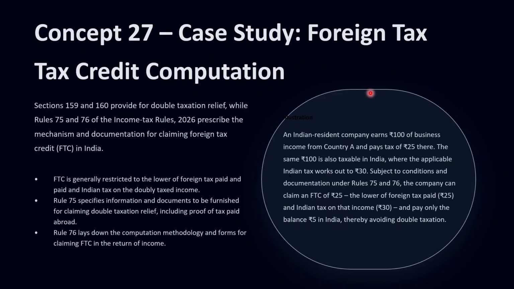Foreign tax credit is where many practical mistakes happen. So a simple numerical case study helps here. Sections 159 and 160 lay down the basic legal framework for relief from foreign taxation, either via DTAA or via unilateral relief.